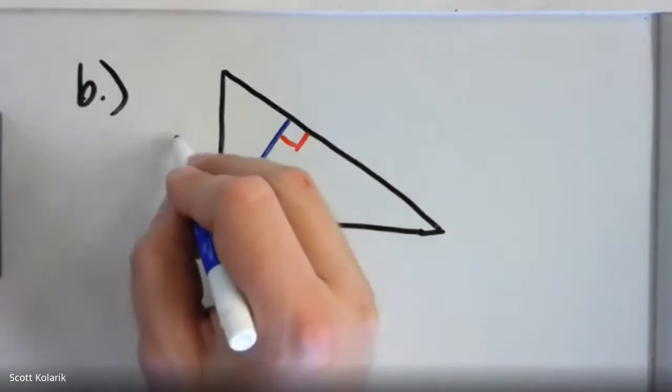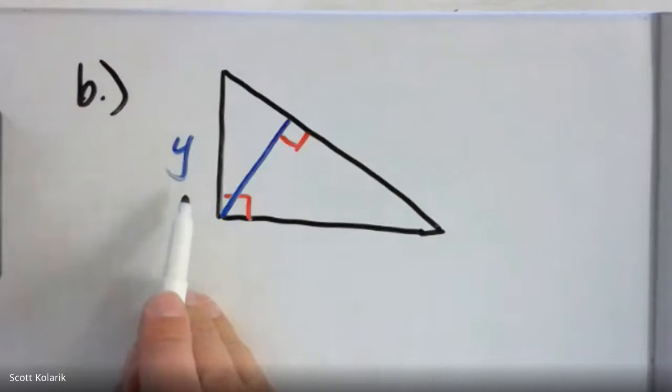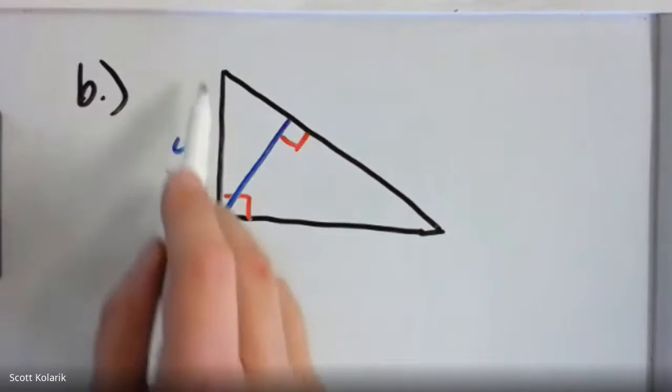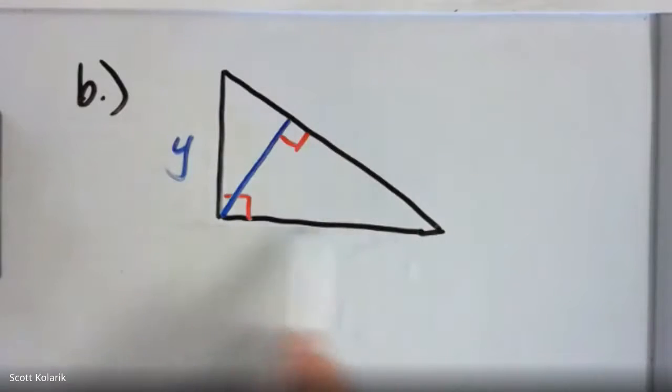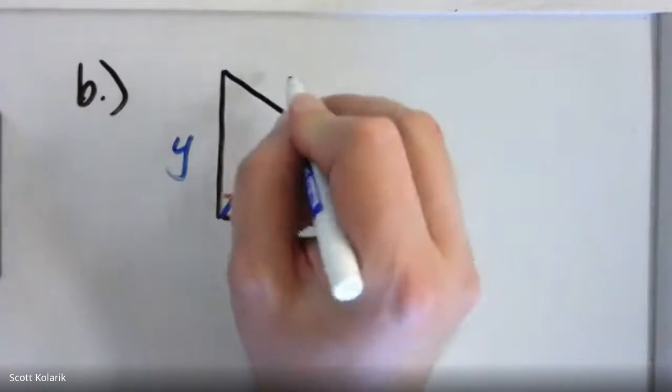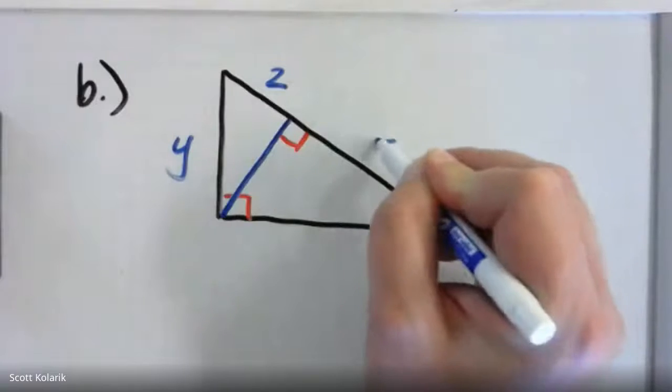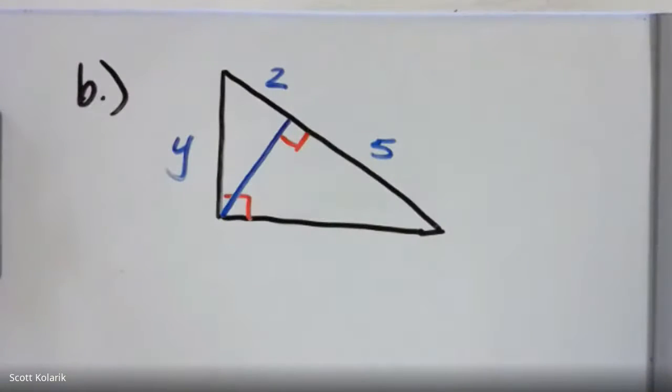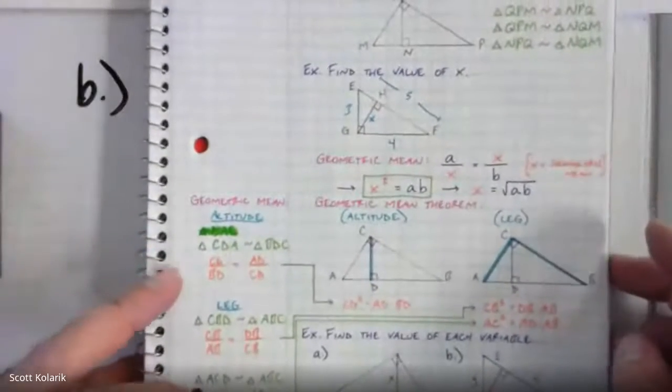Again, you'll be given some information. We'll be told that this is the piece I'm going to be solving for here, meaning I'm going to be using the geometric mean theorem for a leg. That's one of the two legs of the big right triangle. Then I'm told pieces about the hypotenuse. This piece here is 2, this piece here is 5. At this point, I could go directly to the shortcut, briefly showing you again from the notes which one that would be.